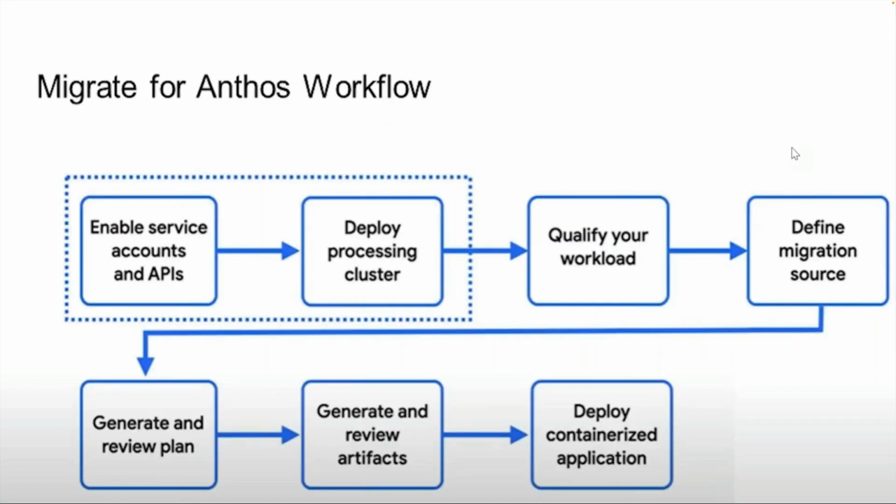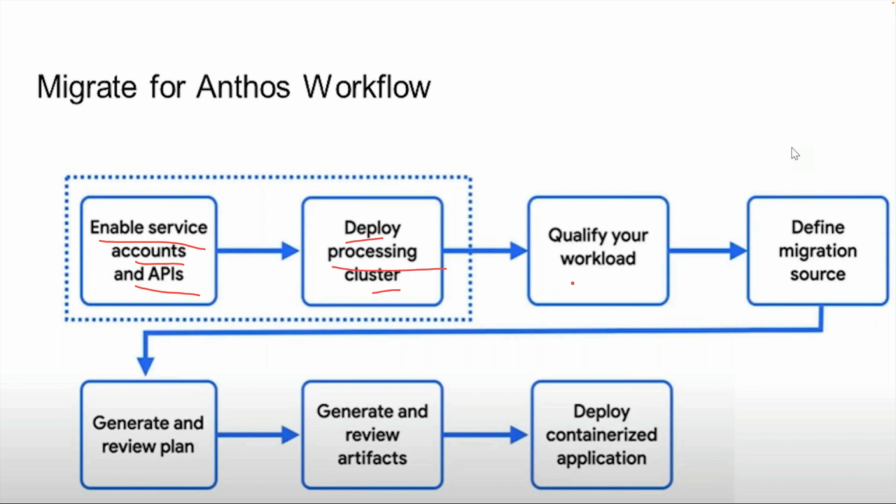Here let me talk about the Migrate for Anthos workflow. In this workflow, first of all you need to enable the service account and APIs. This is the first step, and once this is done, we go to deploy the processing cluster.